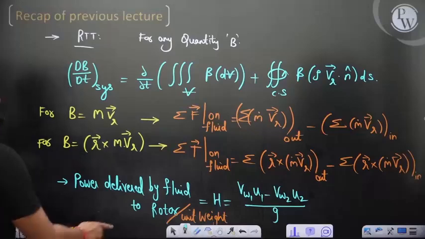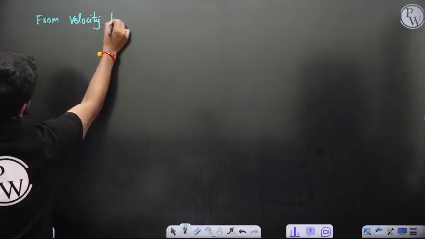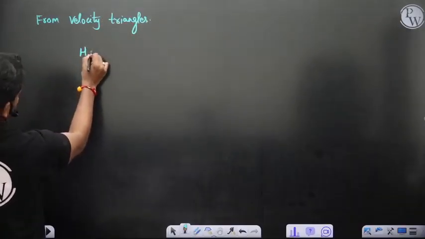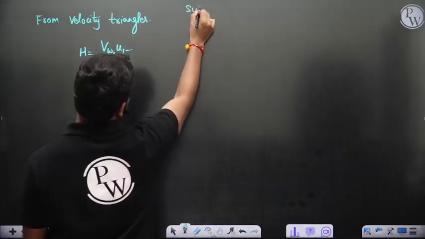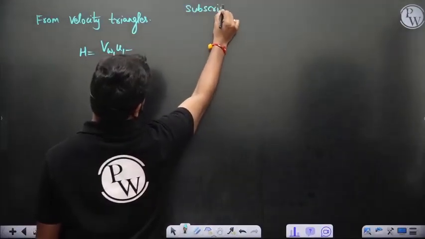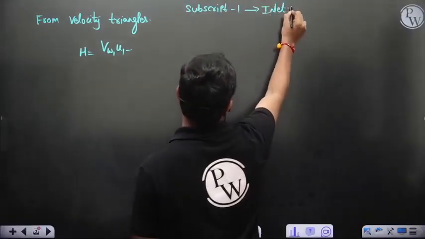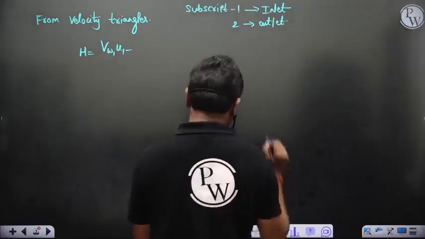And also this h from velocity triangles, we have also seen this h which is VW1 U1, basically subscript 1 is for inlet and 2 is for outlet. Okay, so इसी subscripts इसी notation से हमने डेराइव किया था.